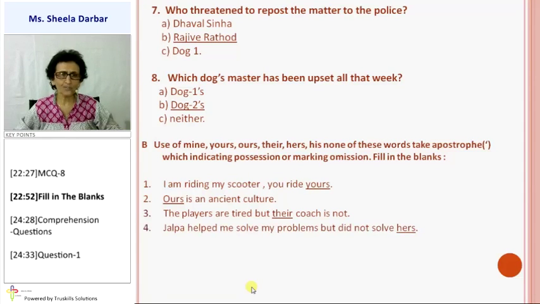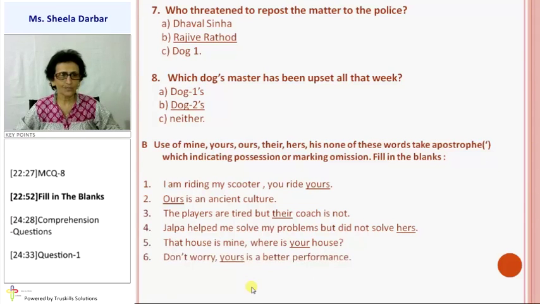Jalpa helped me solve my problems, but did not solve hers. That house is mine. Where is your house? Don't worry. Yours is a better performance.